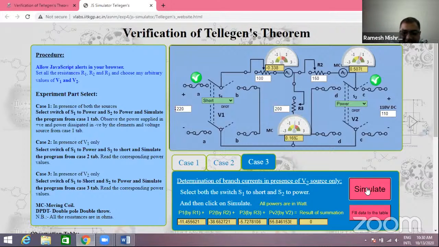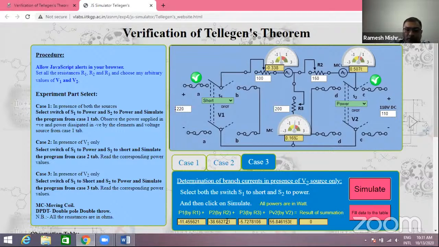After the simulation, the first resistance power is equal to minus 11.455621, and the second resistance power is equal to minus 38.662721.